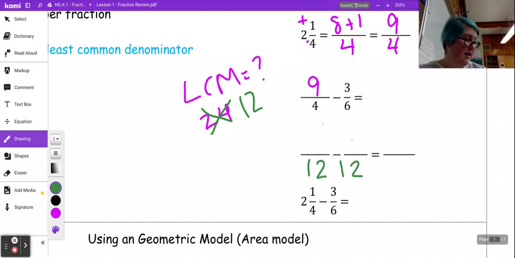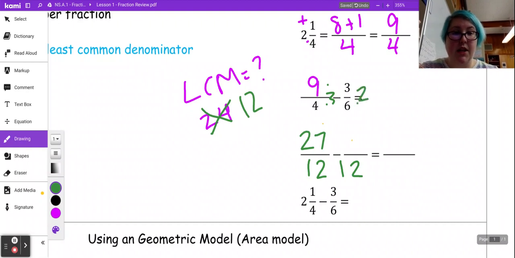on both of these. And then 4 times 3 is 12. So you have to do 9 times 3, which would be 27. And then 6 times 2 is 12. So 3 times 2 is 6. So, oh, look, now we have 27 minus 6, which will give us 21 over 12.